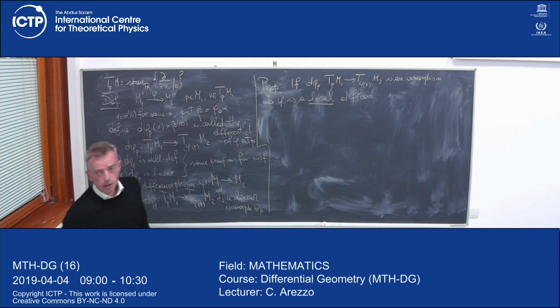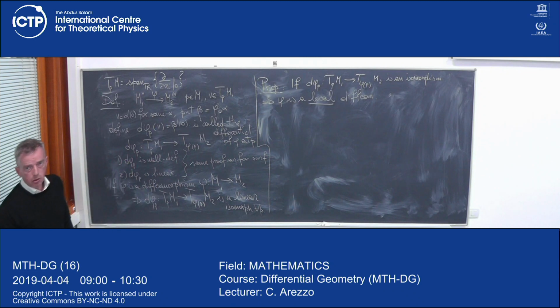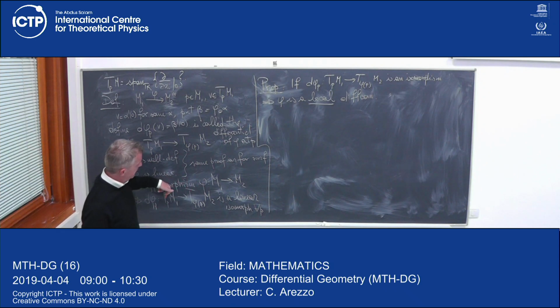So the converse is true only at the local level, which is actually the best you can hope for, because the invertibility of the differential can tell you something only around the point p. For example, it will never be able to tell me that the map is injective.